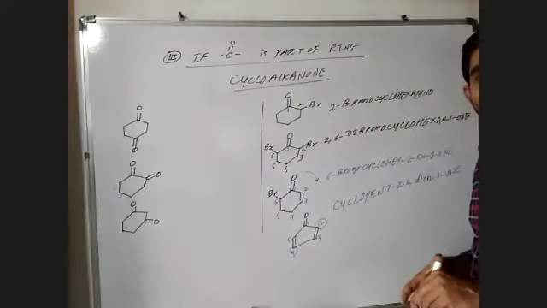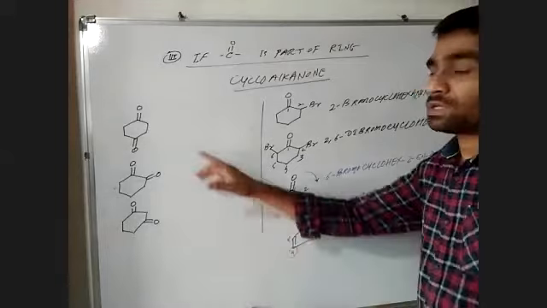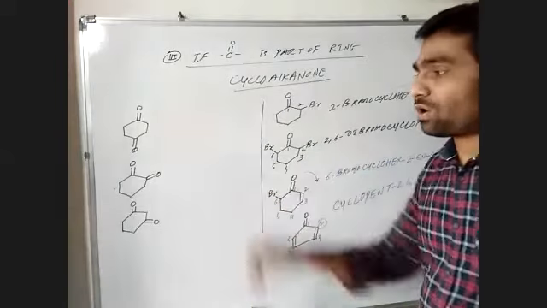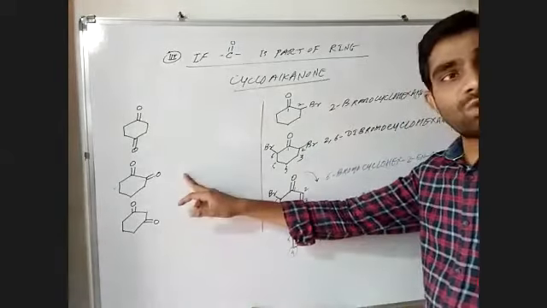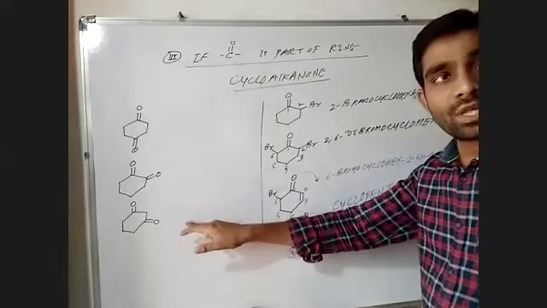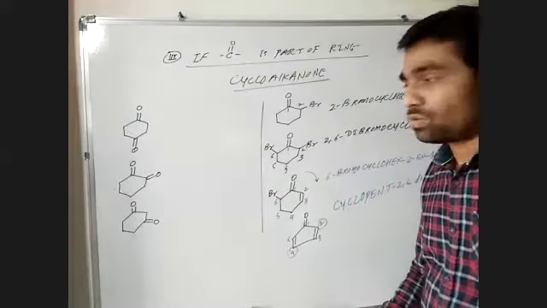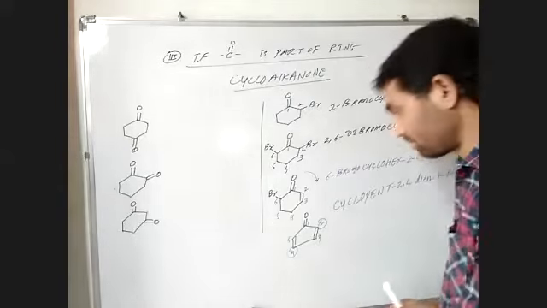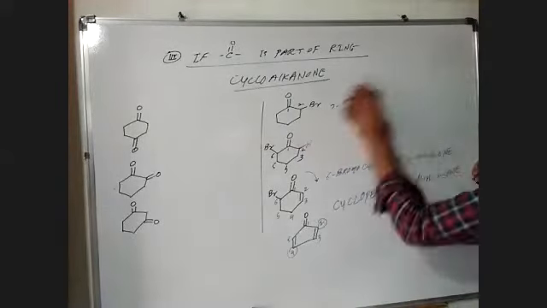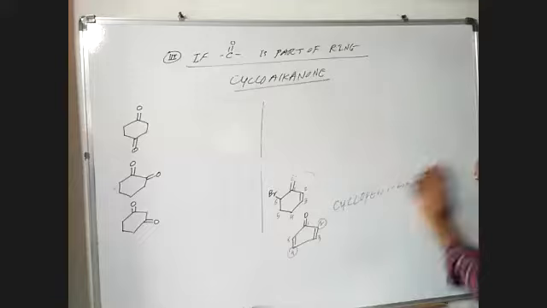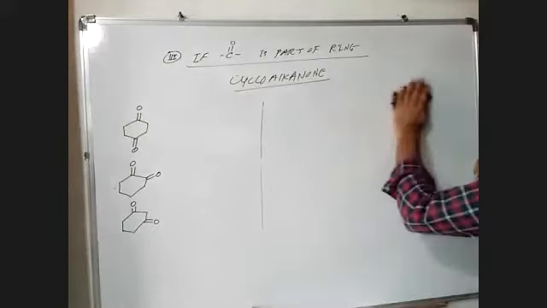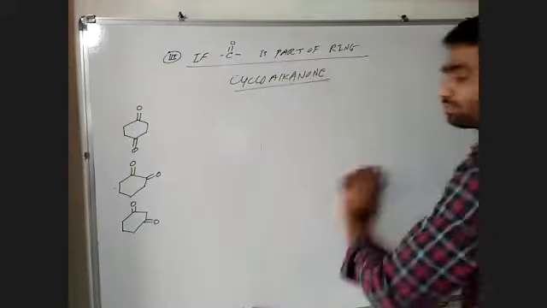Yes, that's good. Cyclohexane-1,4-dione. Cyclohexane-1,2-dione. Cyclohexane-1,3-dione. Very good. Like this, we can write the structures of compounds.